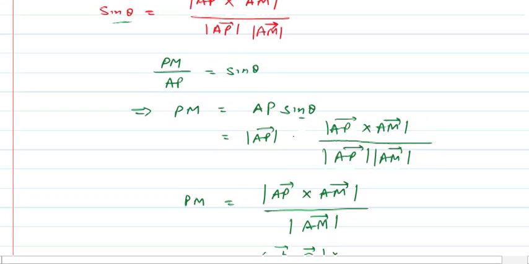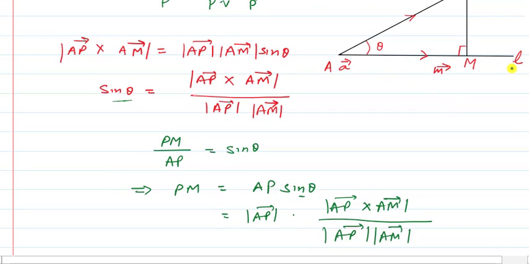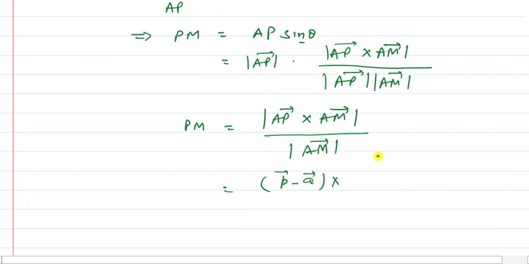Let us see what AM is. AM represents the direction ratios of line L, that is, we can represent it by vector m. So cross vector m upon modulus of vector m. So this is the distance of point P from the given line.